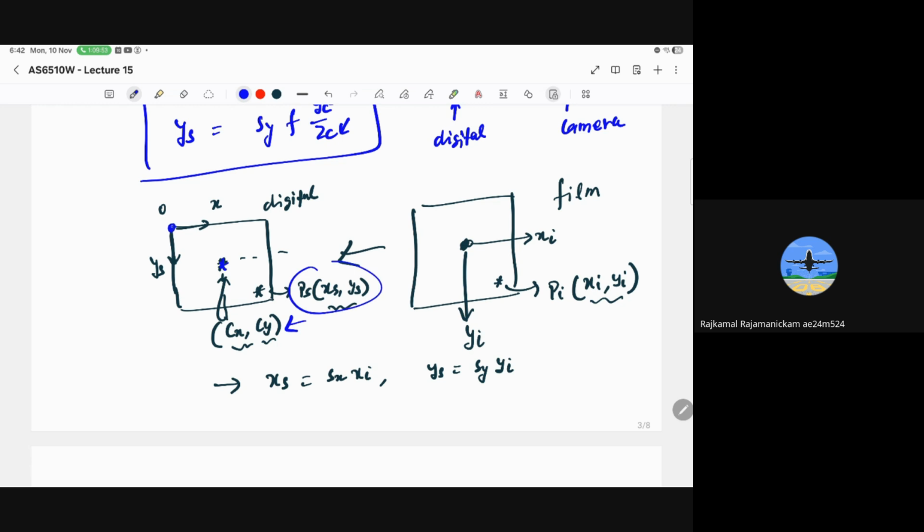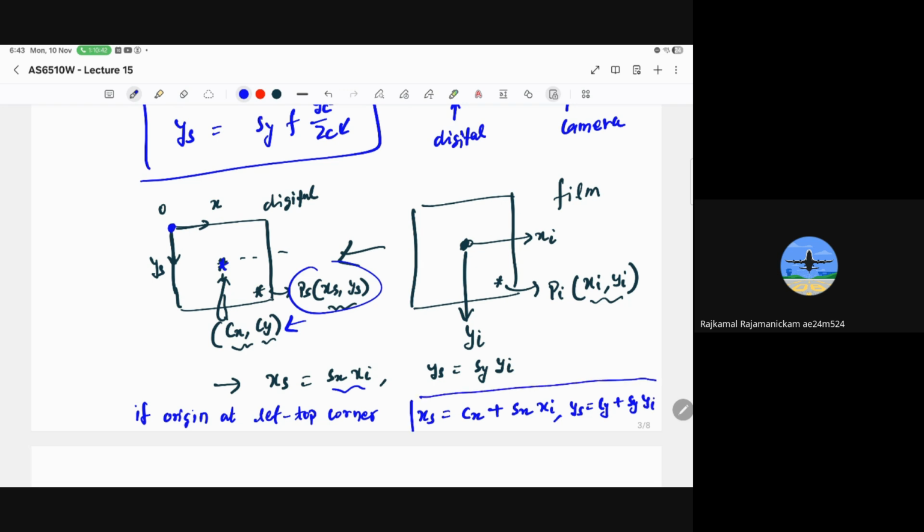So finally, if the origin is at the left top corner, in that case the pixel coordinates will be xs equal to cx plus sx xi, and then ys will be cy plus sy yi.